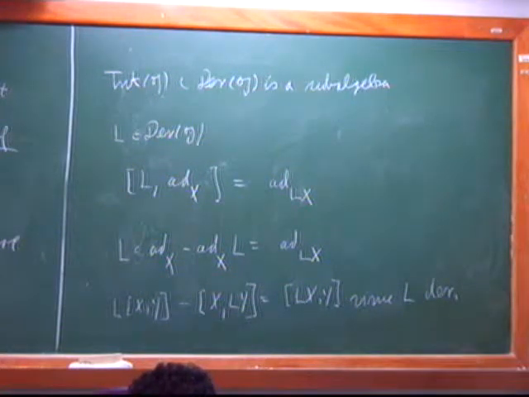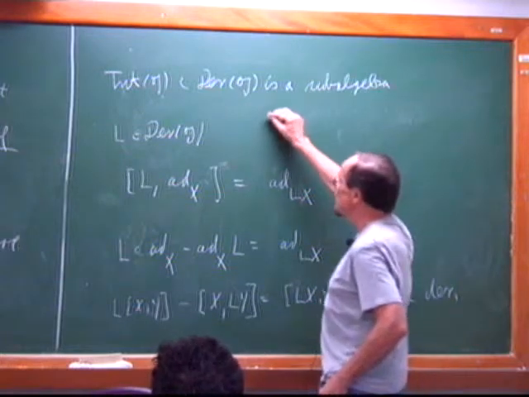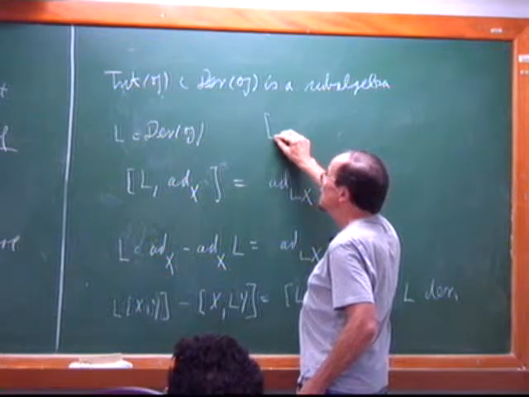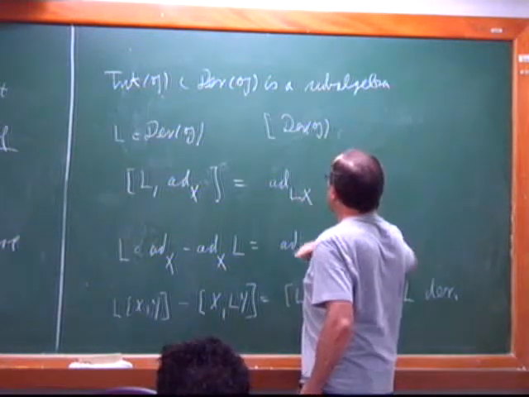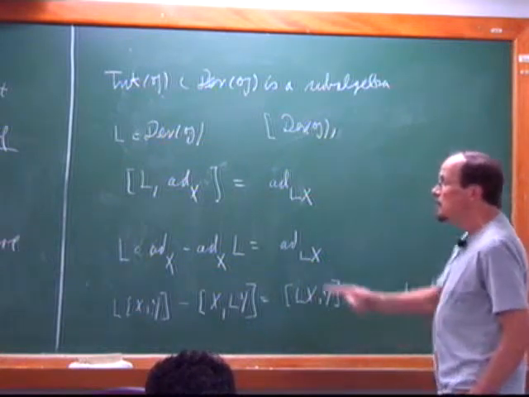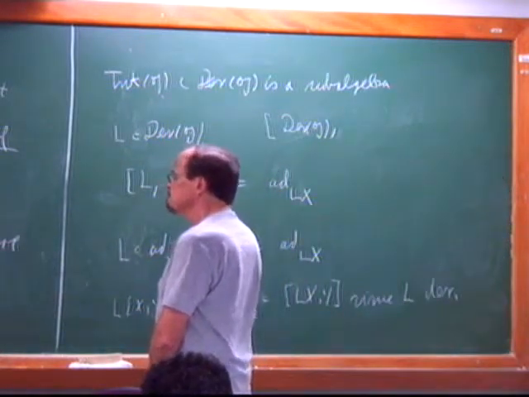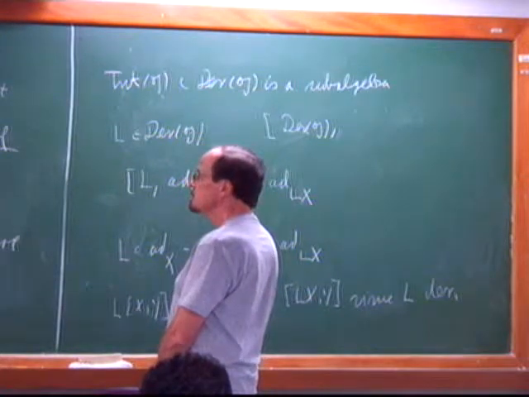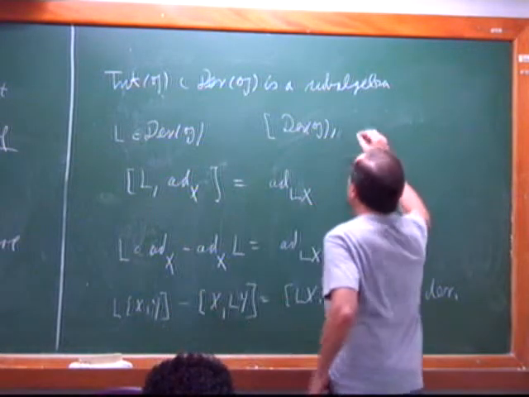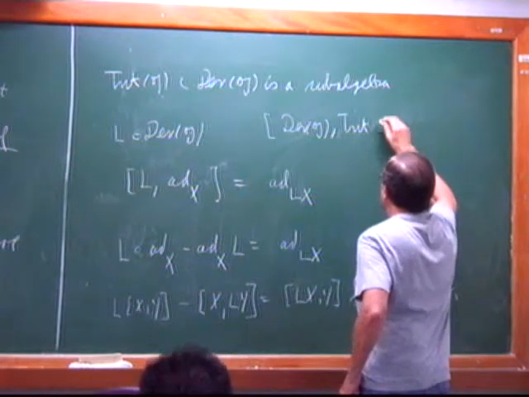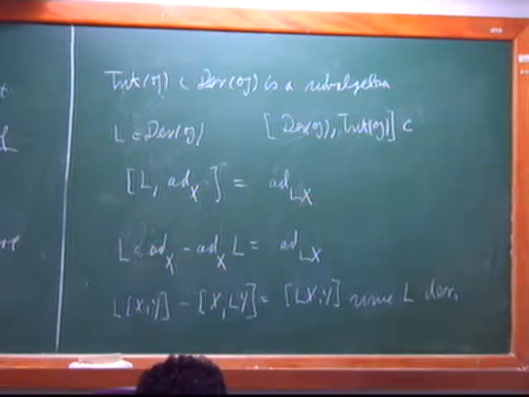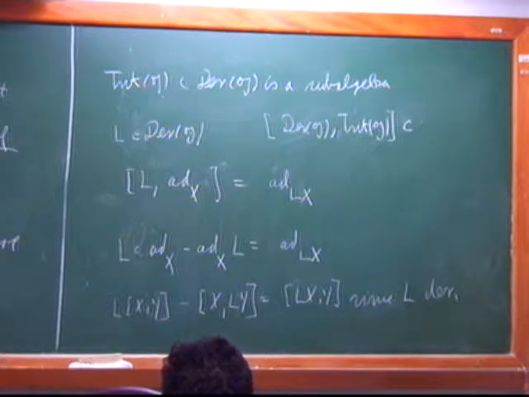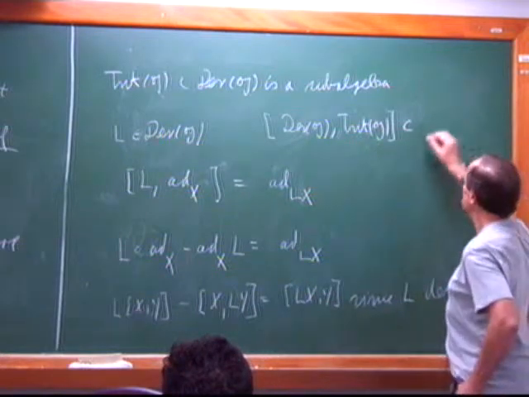So what does it say? It says more than what I wanted. It says that if I take any derivation, take a Lie bracket with what I called int g, that's contained in int g.